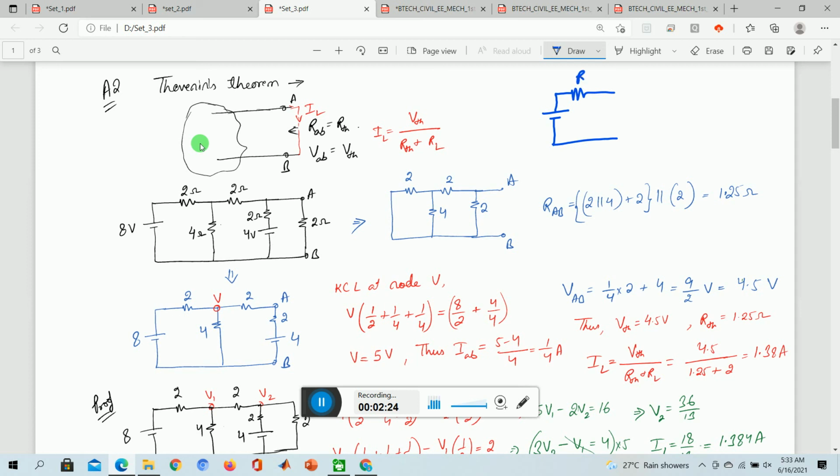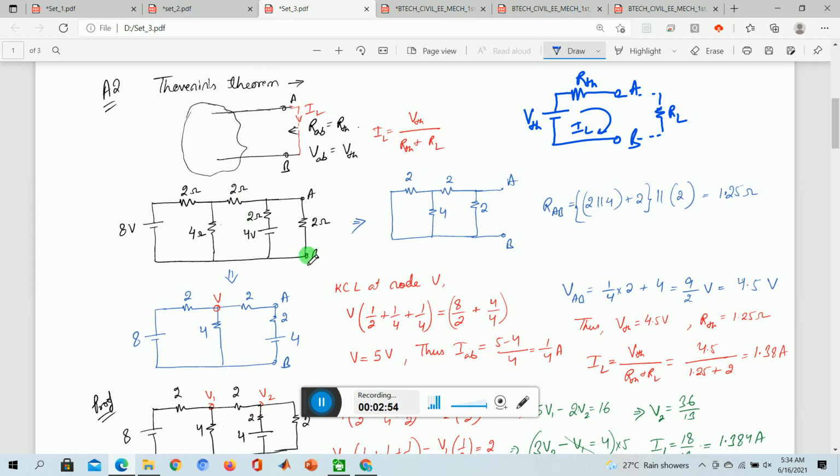This resistance is RTH, this voltage source is VTH, and this terminal is AB. So you can define that theorem. Then the load RL will be connected over here, so obviously this current will be IL, given as VTH divided by (RTH plus RL).